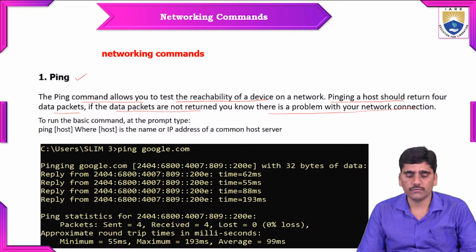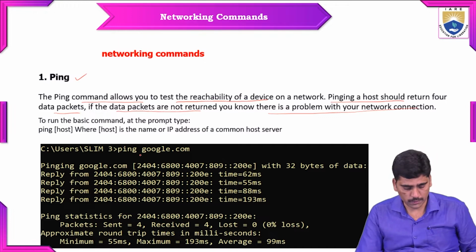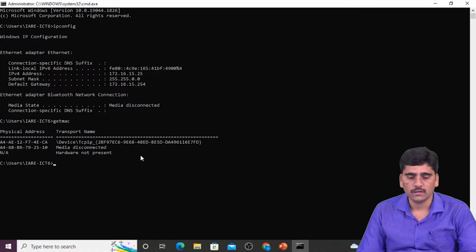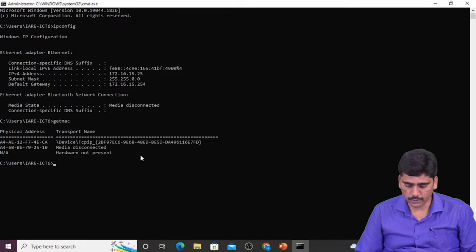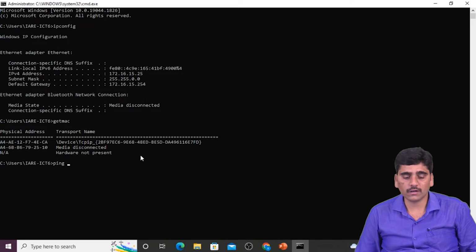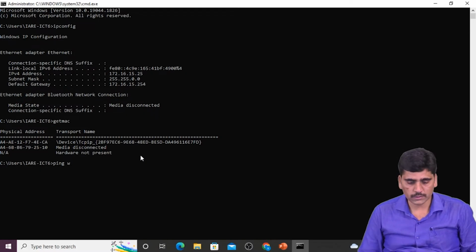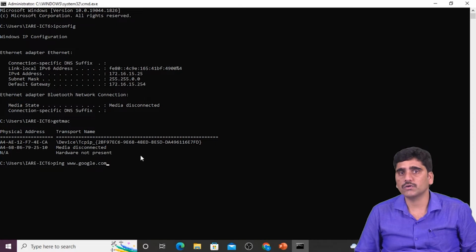So type ping, a space, and then the target address.